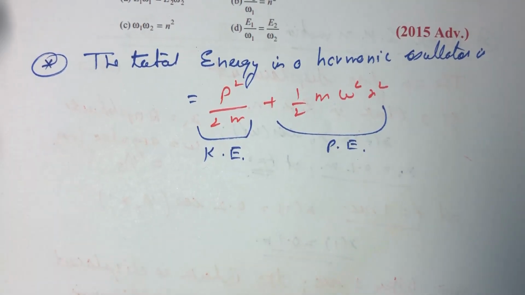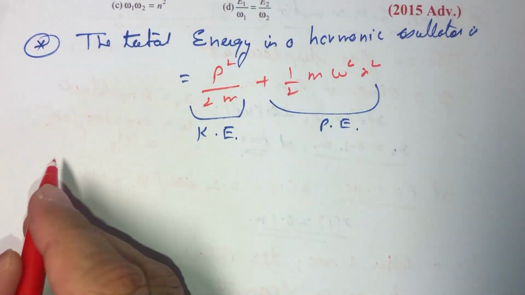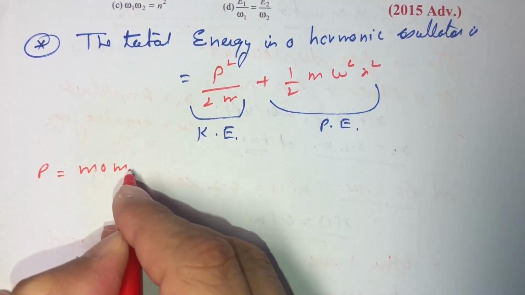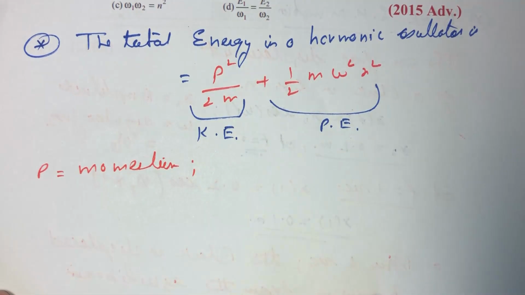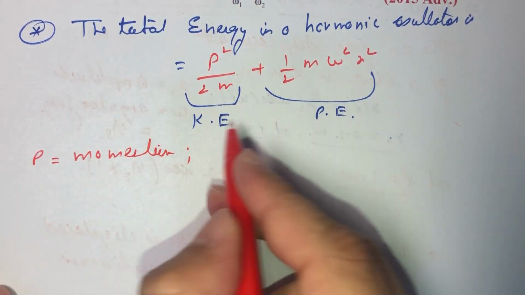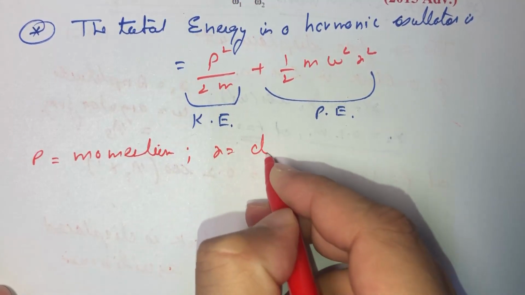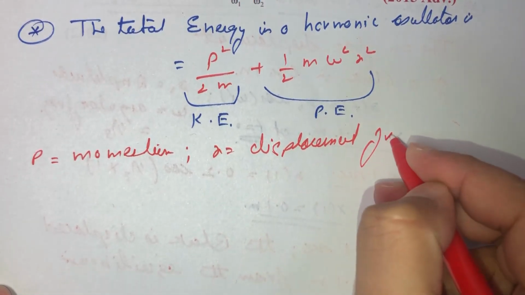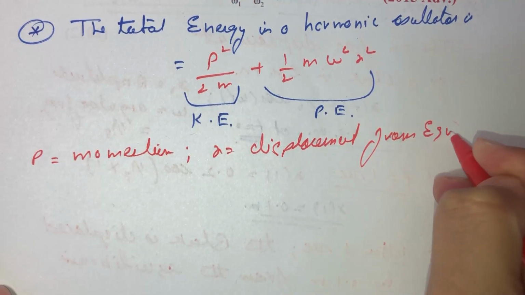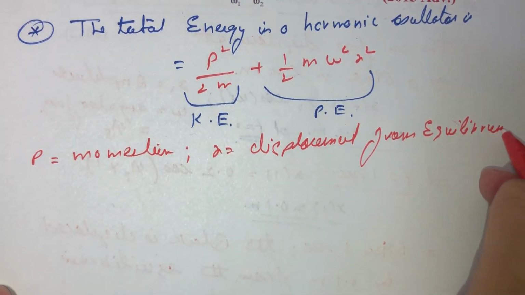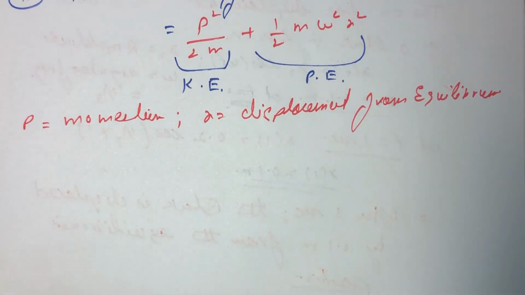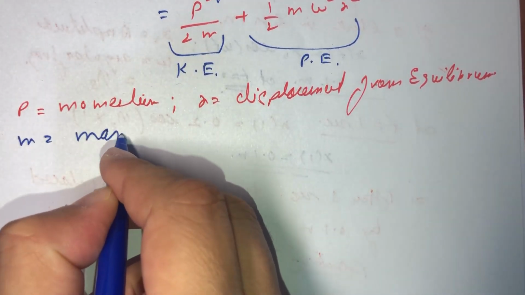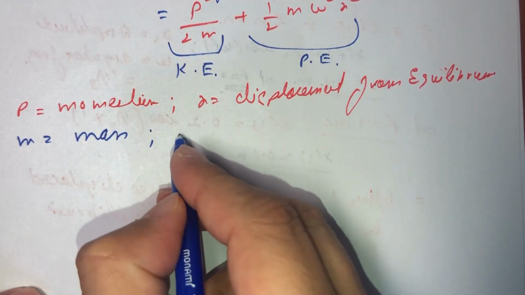Therefore we can write that P is the momentum, X is the displacement from the equilibrium, m is the mass, and omega is the angular frequency.